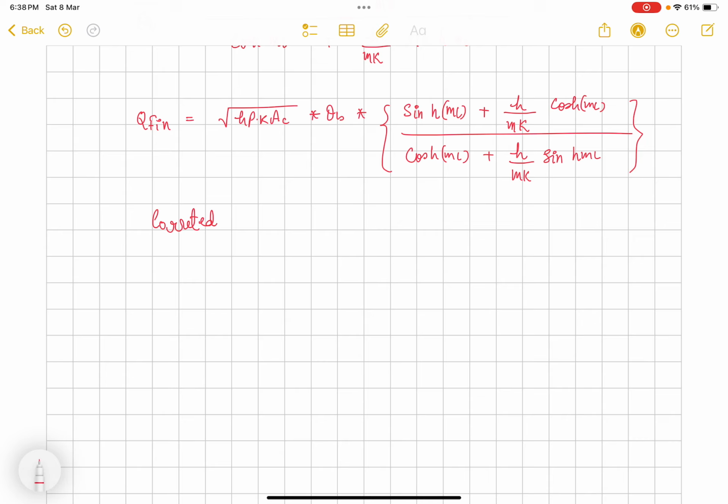what we need to do is, let me write first. Corrected length approach.